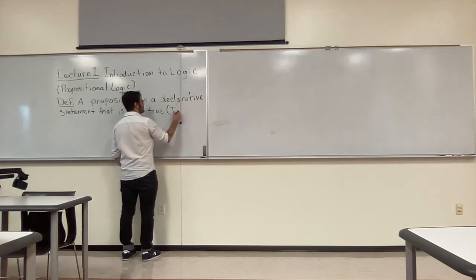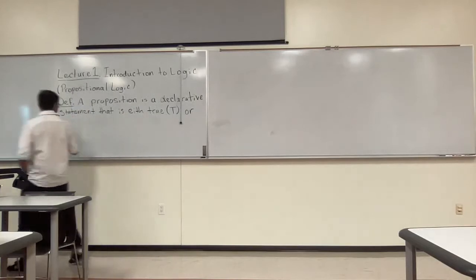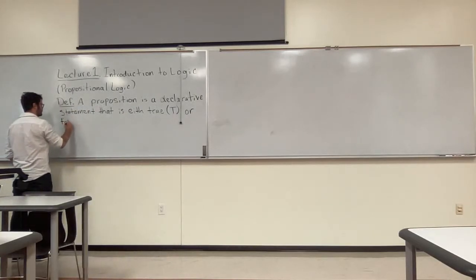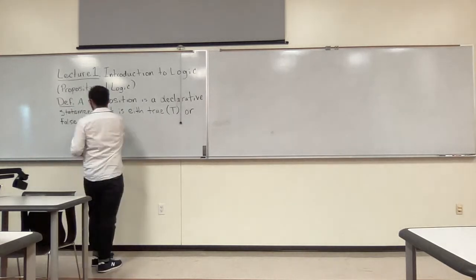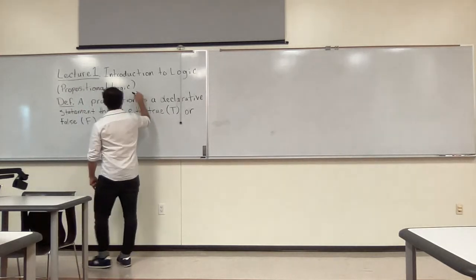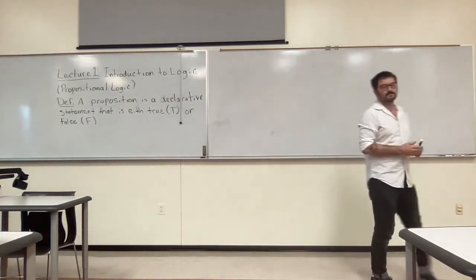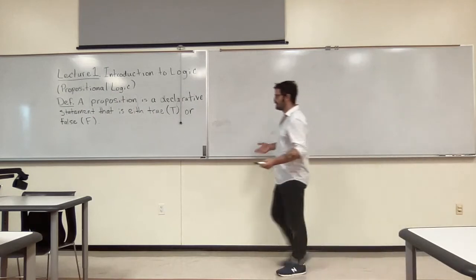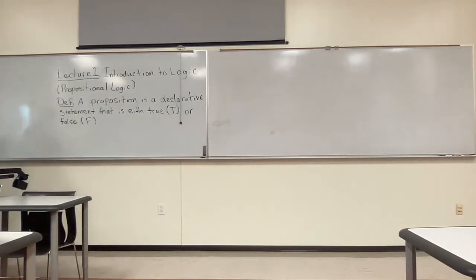True, I'm always going to denote by a capital T, and false, capital F. All right, so that's the definition of a proposition. It's a statement that declares something, and this something that it declares has a truth value. The truth value is one of these two things, and exactly one of them, true or false.